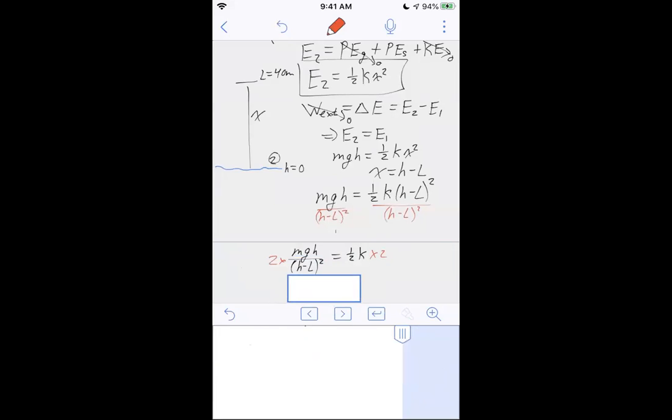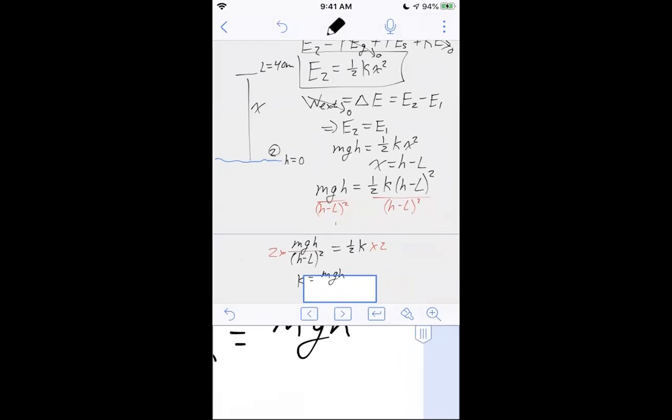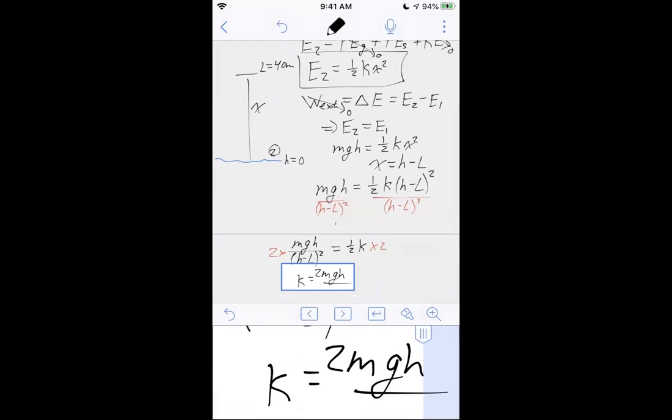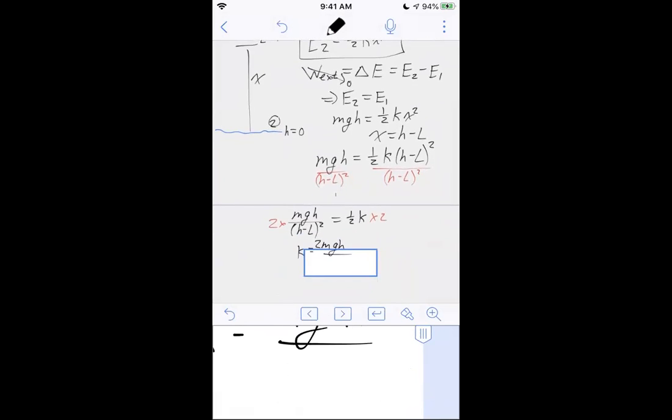So altogether, that gives me k is equal to mgh over, oh, sorry, I forgot the 2. So 2 times mgh divided by (h minus L) quantity squared.